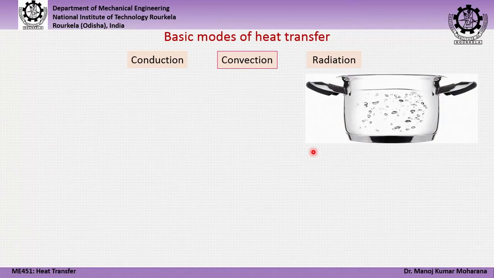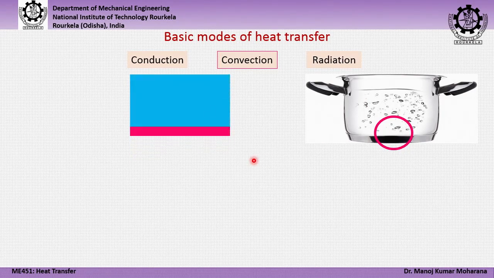To understand the concept of heat transfer by means of convection, let us take a container, take some water, and add heat from the bottom. Here I am considering the zone nearer the bottom surface of this container.